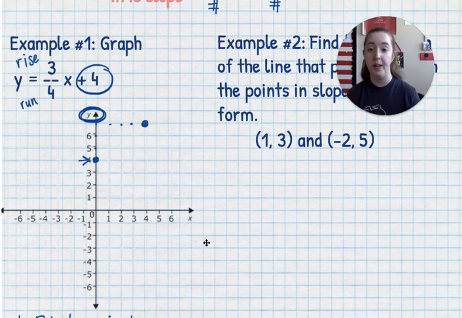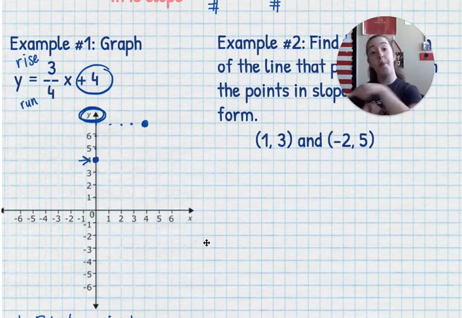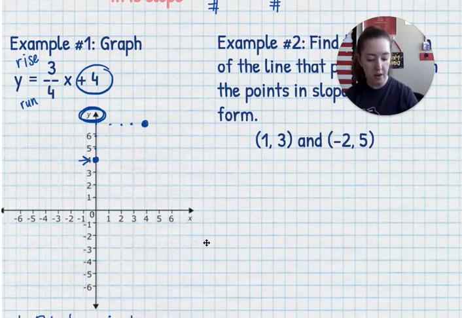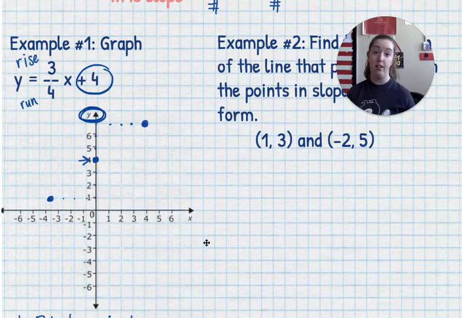And that's my next point. You can also go backwards. So you can also go down 3, 1, 2, 3, and to the left 4, 1, 2, 3, 4. And there's another point on our line.